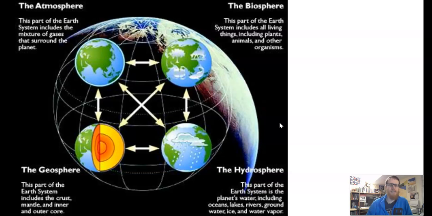The idea is that there are 4 spheres or areas or systems on the Earth, and that they are constantly interacting. When an event happens, a volcano erupting, hurricane, tornado, new disease, new species, any of this, it interacts with and is impacted by each of those spheres.